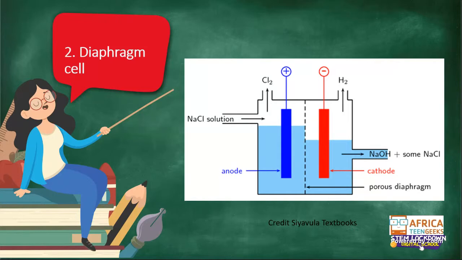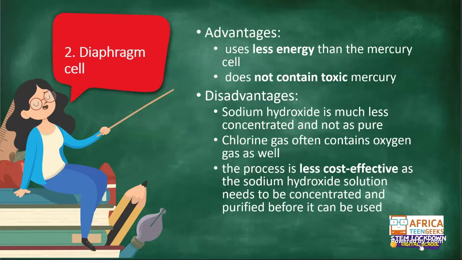Okay, cool. So this one has the advantage that it doesn't contain the toxic mercury, which is cool, and it uses less energy. But the problem is your sodium hydroxide isn't very concentrated, which means it's not very pure.